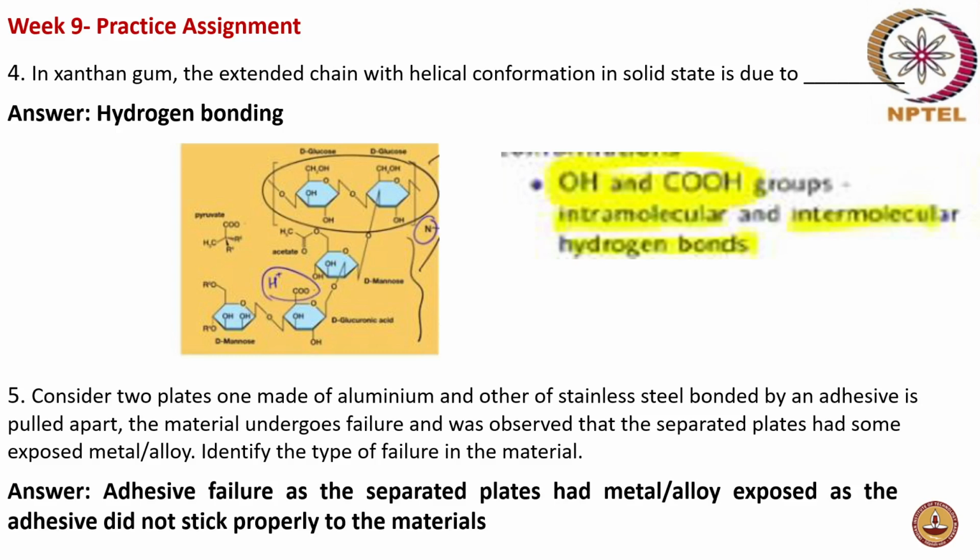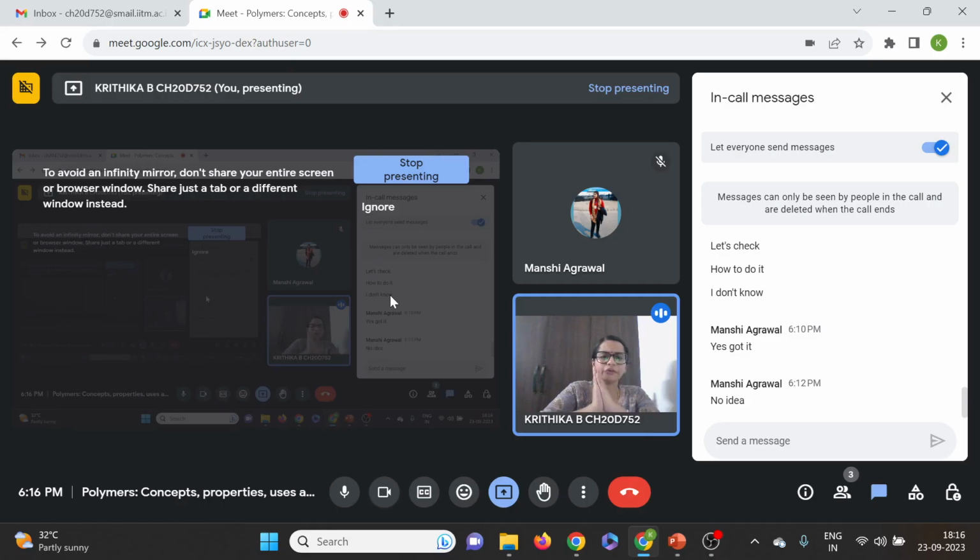When you have an adhesive between two plates and you separate them, you would have done this, you would have pasted two materials with gum and pulled them apart. When you see, in both the surfaces, only the gum, then it is a cohesive failure.